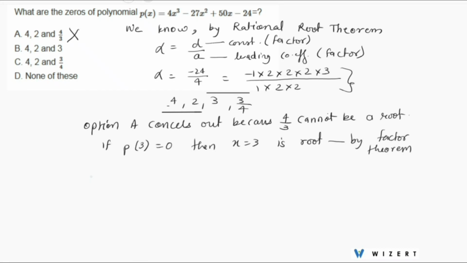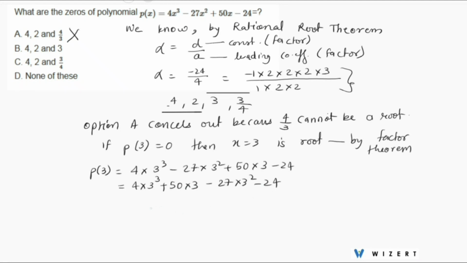Let's check. So p of 3 equal to 4 multiplied by 3 cube minus 27 multiplied by 3 square plus 50 multiplied by 3 minus 24. Let's put positive numbers together and negative numbers together.